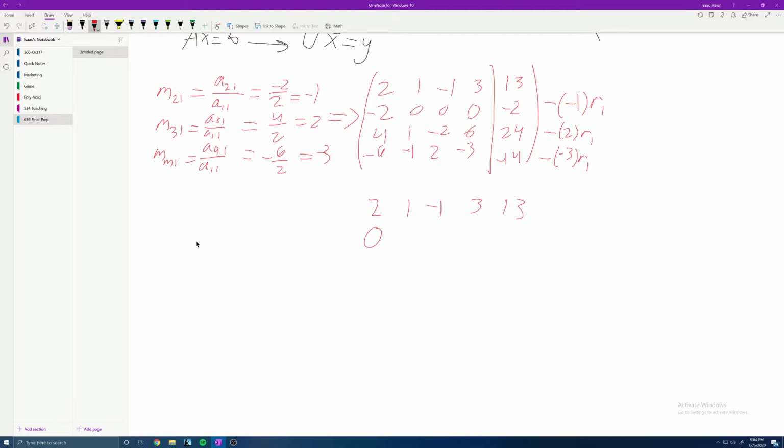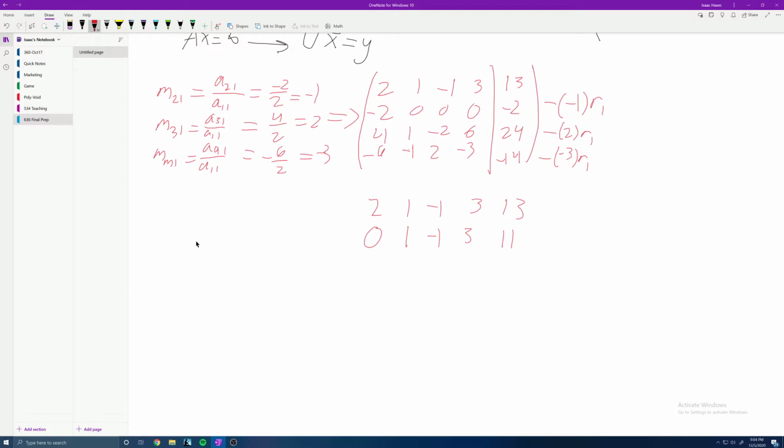And then continuing on, we see that 0 minus -1 times 1 is 1. 0 minus -1 times -1 is -1. And 0 minus -3 is 3. So we see that's 3. And then doing the same thing, -2 minus 13 is going to be 11.